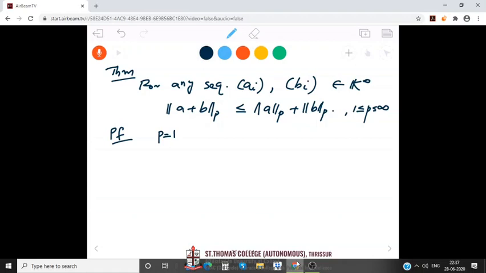Now, if P is equal to 1, then what will be norm P? It is nothing but summation I equal to 1 to infinity mod AI. Then modulus of AI plus BI is less than or equal to mod AI plus mod BI, the triangle inequality for the absolute value function.